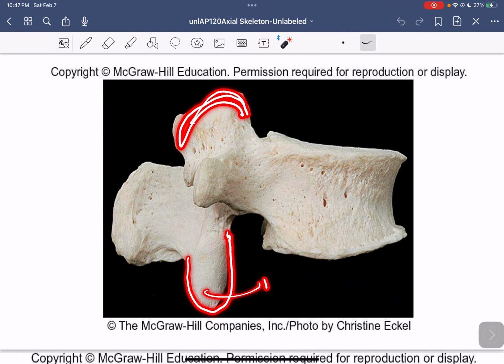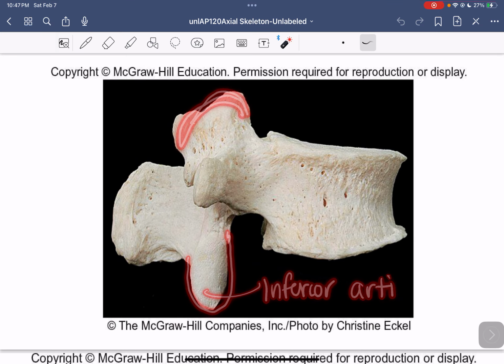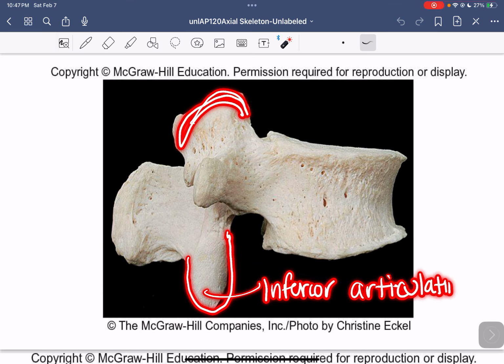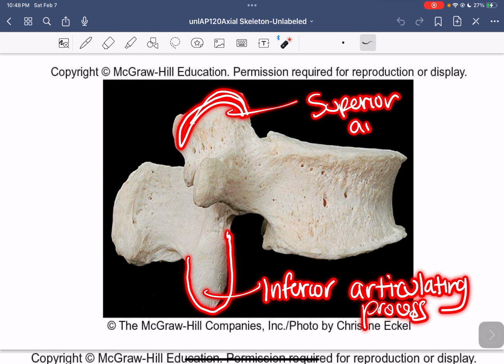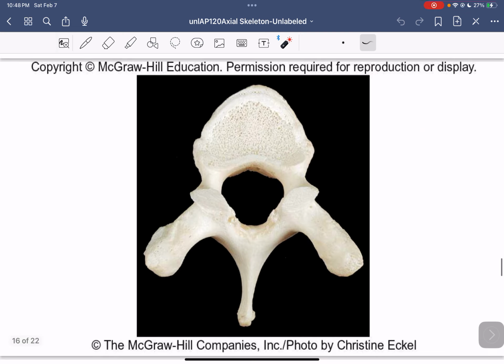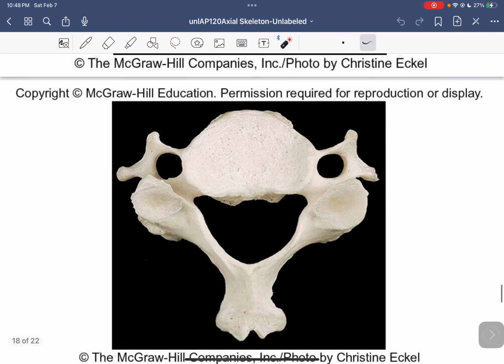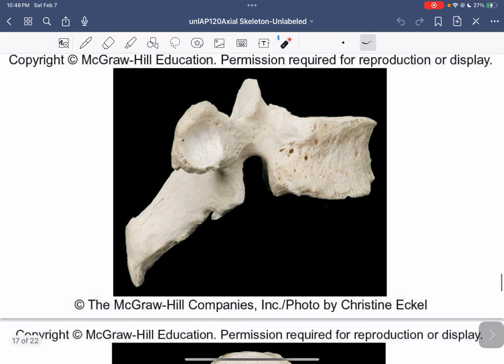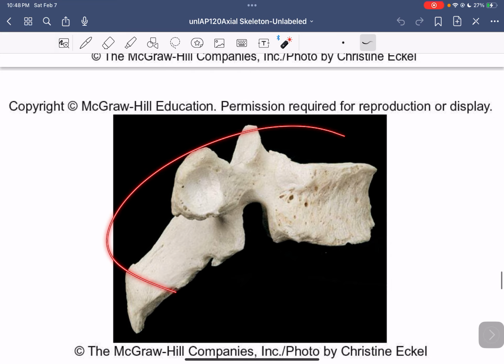So this one down here is called your inferior articulating process. The one above would be the superior articulating process.